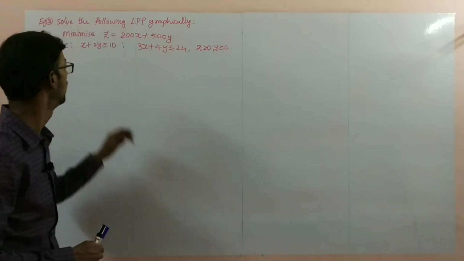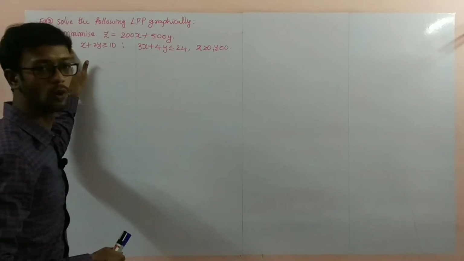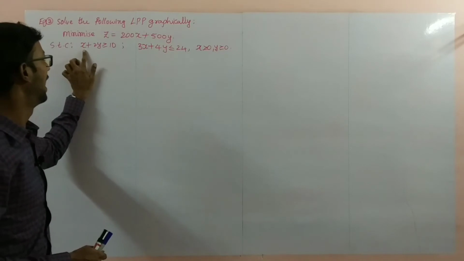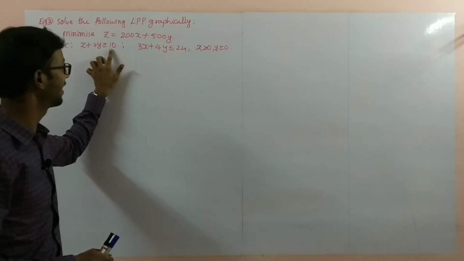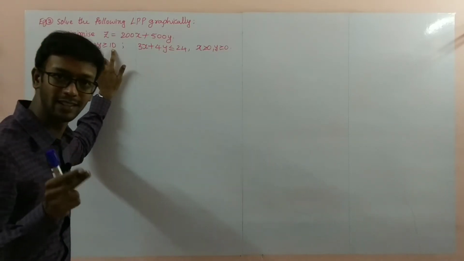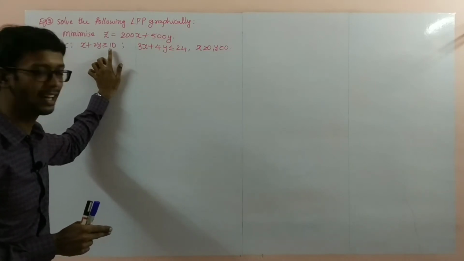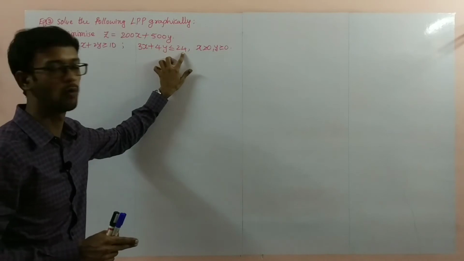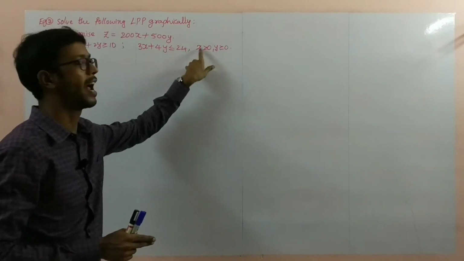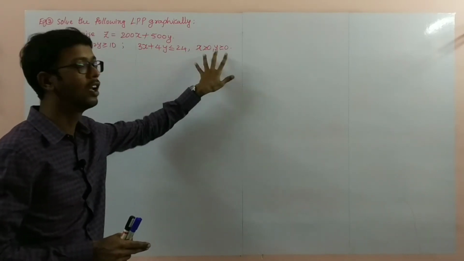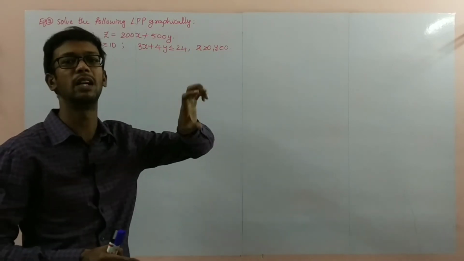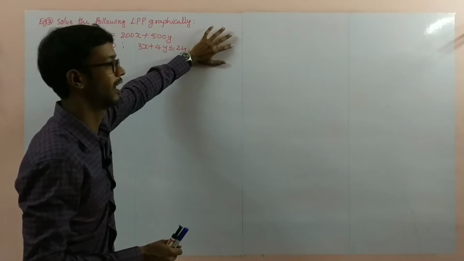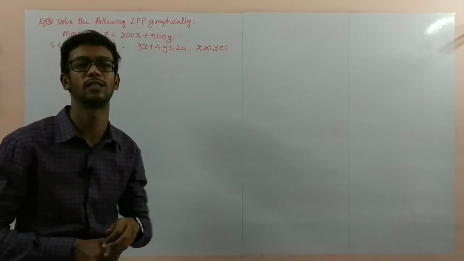Subject to constraints, STC means subject to constraints: x plus 2y is greater than or equal to 10, and 3x plus 4y is less than or equal to 24. These two are non-negative constraints, x and y greater than or equal to 0. By this, you have to take only the common region in the first quadrant, meaning our region lies only in the first quadrant.